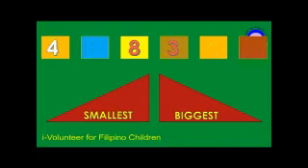The smallest number I can form is 348. The biggest number I can form is 843. The smallest number I can form is 1,478. The biggest number I can form is 8,741.